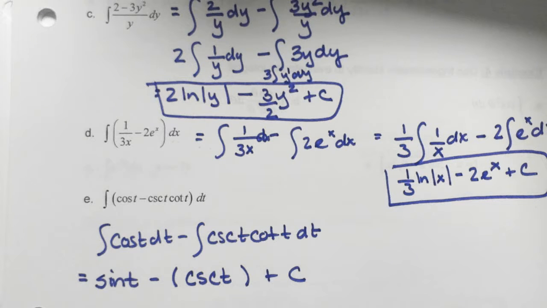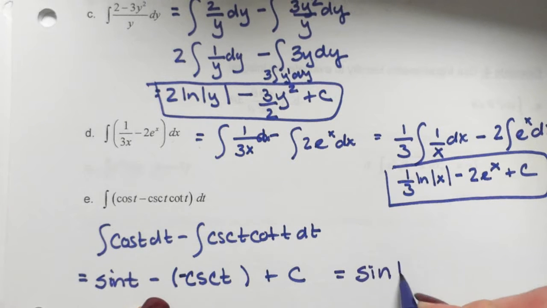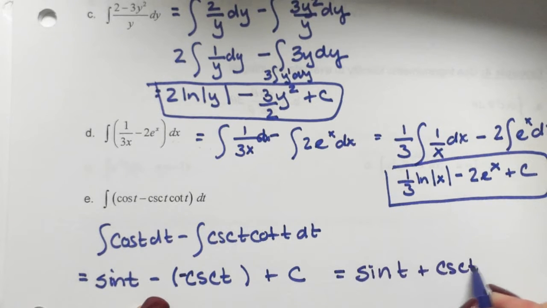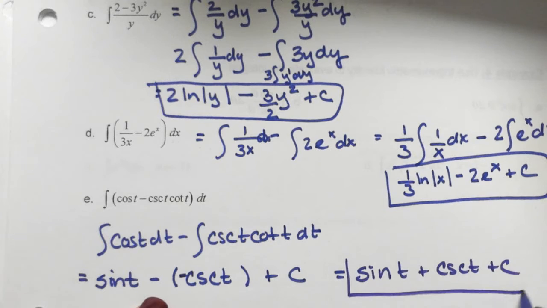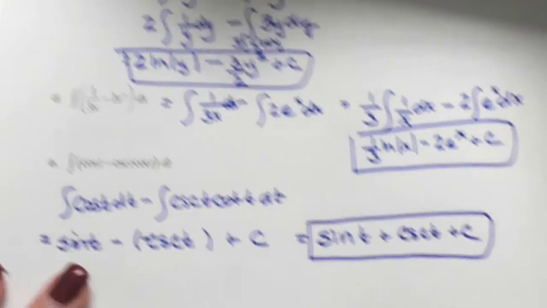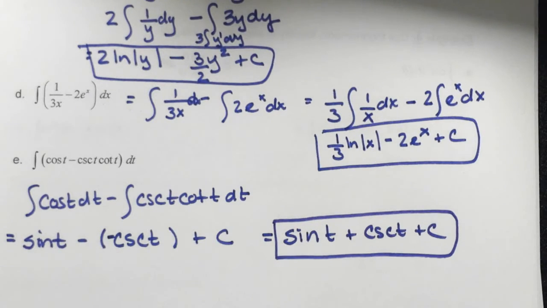Exactly, because remember, the derivative of cosecant is actually a negative cosecant cotangent, isn't it? So I'm going to need to put a negative cosecant right here. So what happens with this minus and negative? It becomes a positive. Okay? So any questions, guys, on how you integrate, again, your trig?